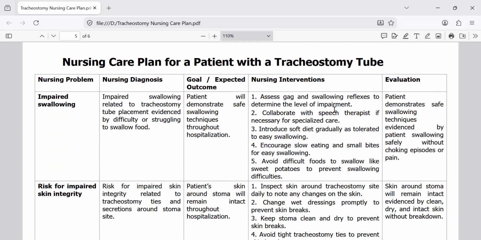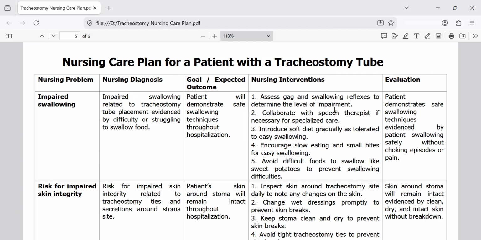Okay, move to the third problem. So as you know, this tube is inserted in the throat. And if you understand your anatomy and physiology, you'll find that the airway is just in front. It is anterior to the esophagus. Therefore, if this tube is inserted, it means that it will put pressure on the esophagus.